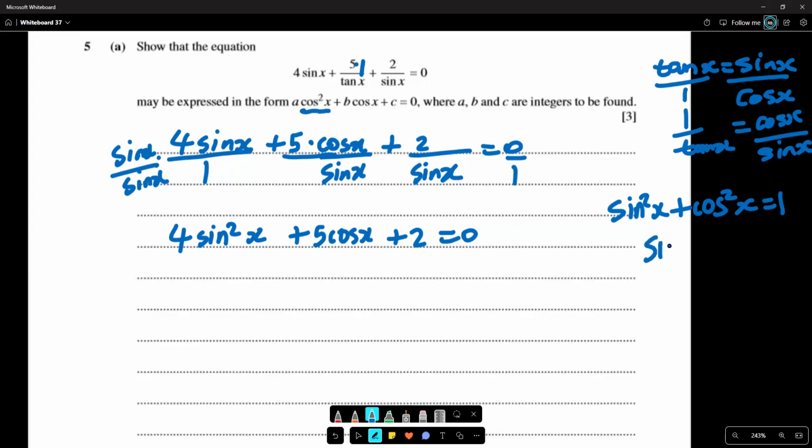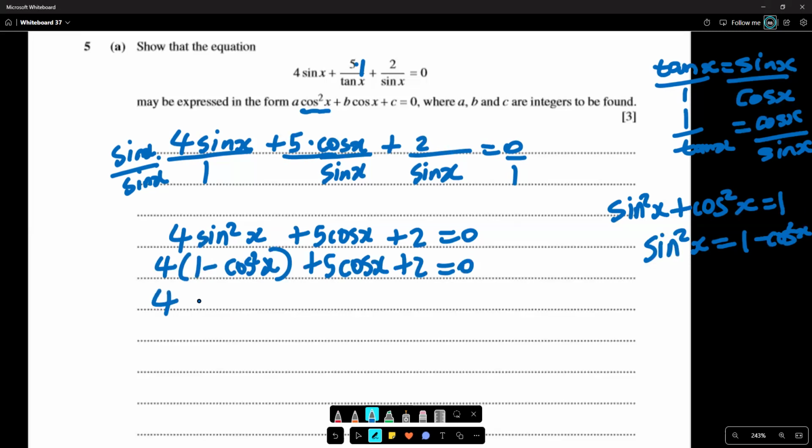So if I need to replace the sine squared x, I can write it as 1 minus cos squared x. I just move this to that side. So here I basically have 4 times 1 minus cos squared x. I replace the sine squared x with this, then the rest stays the same.